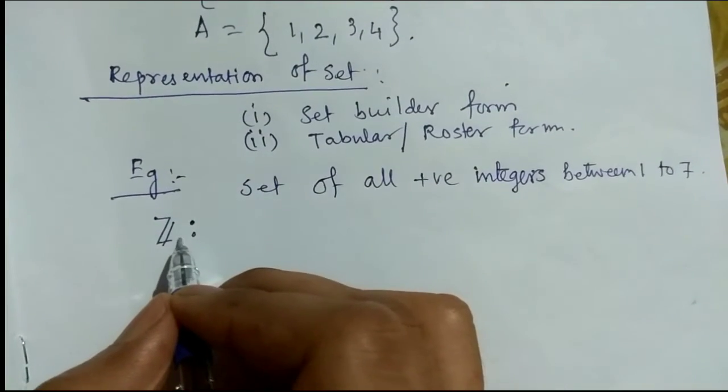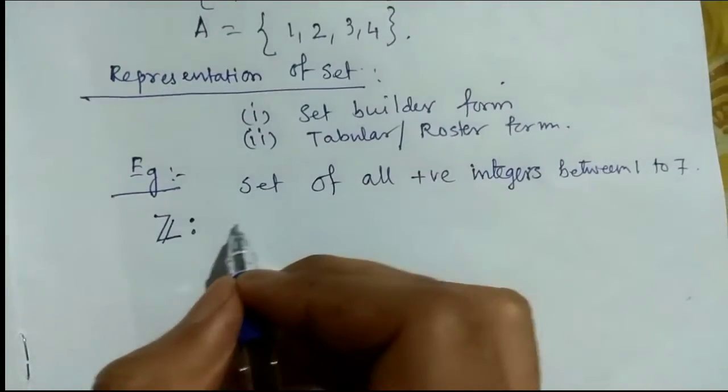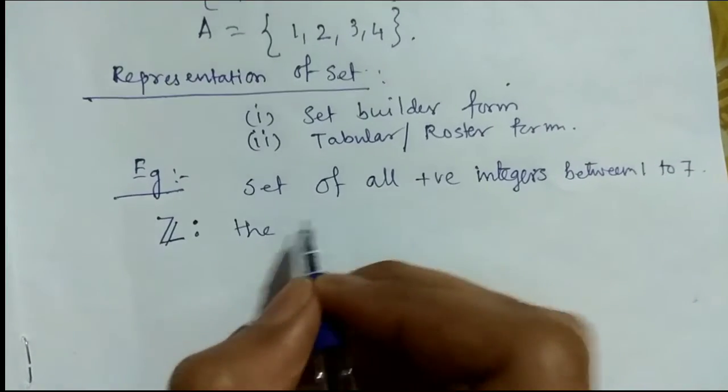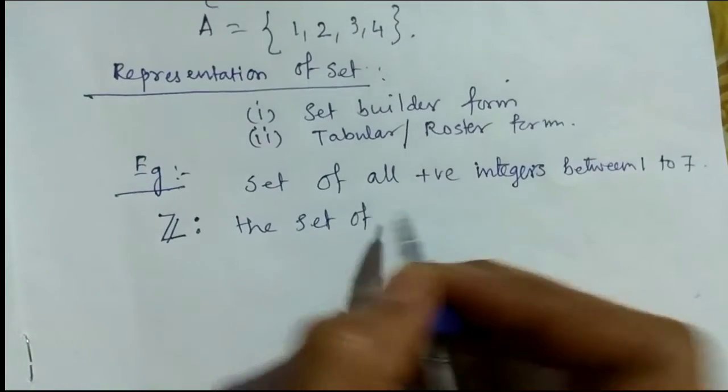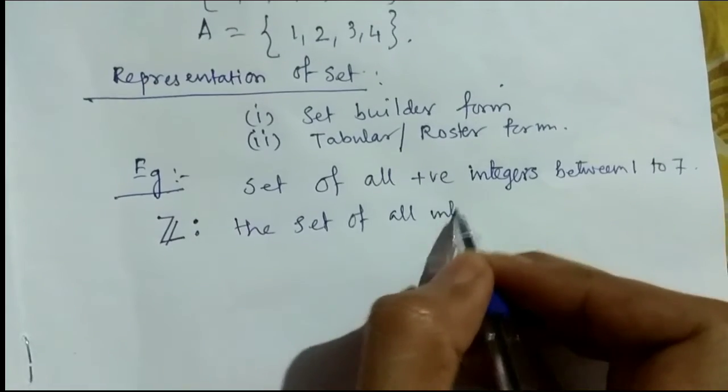For convenience, we say Z equals the set of all integers.